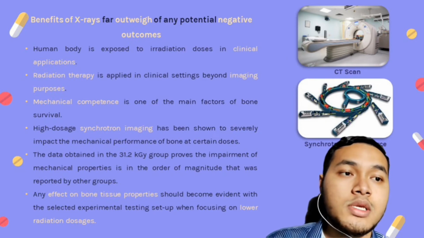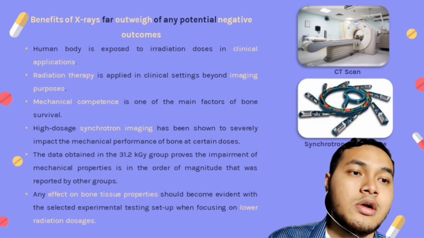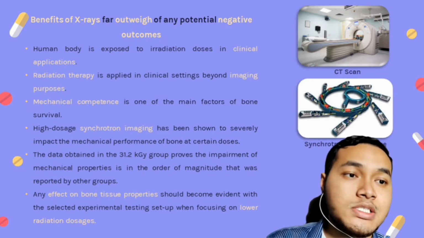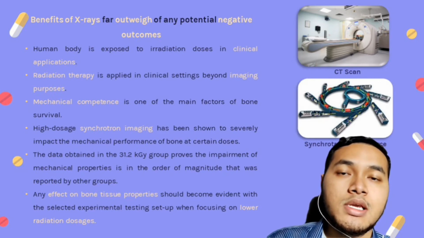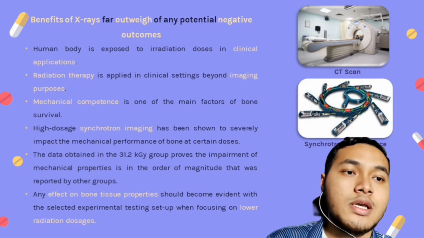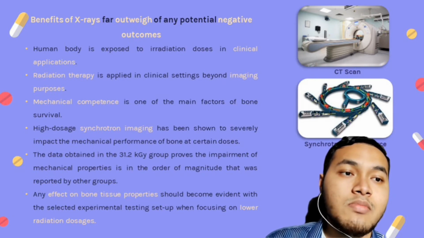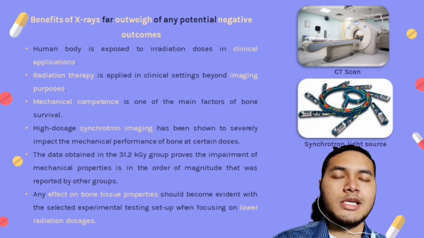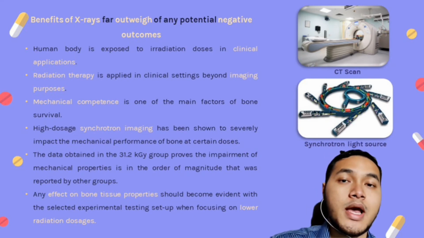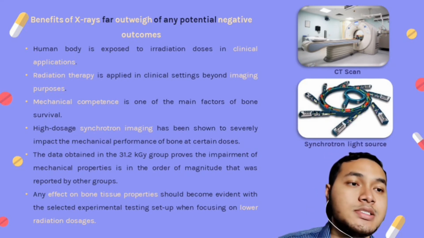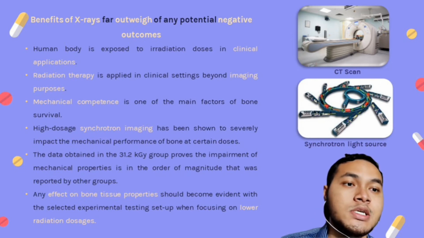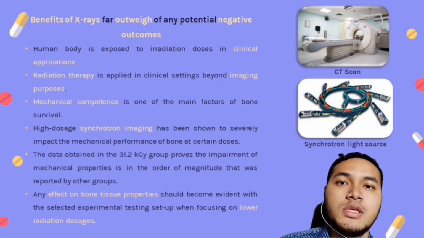Therefore, the human body is exposed to irradiation doses of mGy, which is milligray, in clinical applications, for example in CT imaging scans. Radiation therapy is applied in clinical settings beyond imaging purposes, and it is a source of irradiation at a dose of several units of gray.